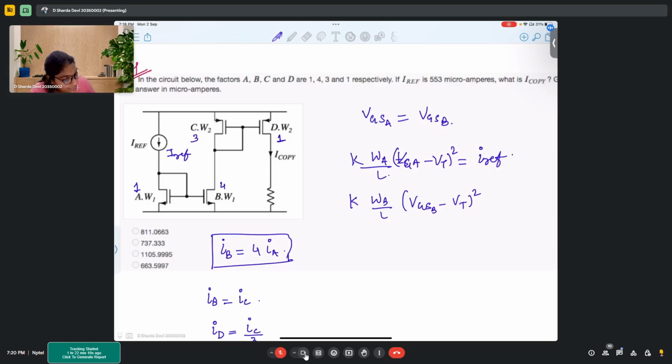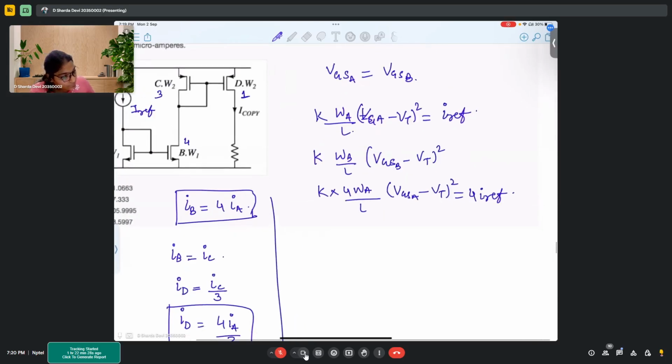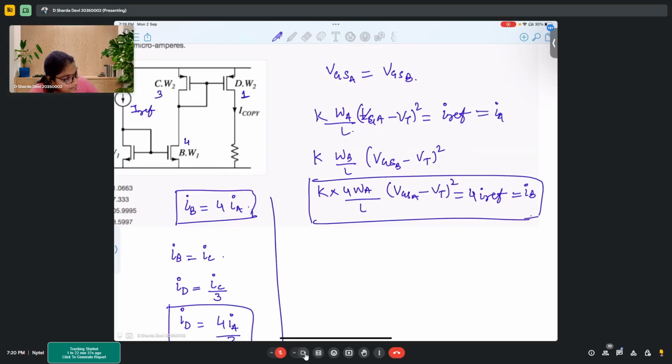So if I substitute it, it will be K into 4 times of WA by L, VGS B equal to VGS A minus VT whole square. So this becomes 4 times of IREF. Correct? Now this is IB. This is IB.